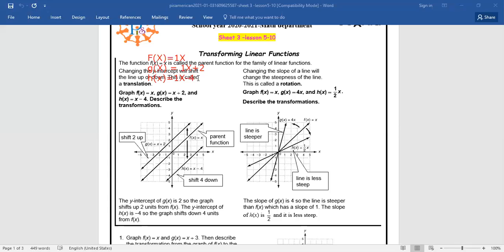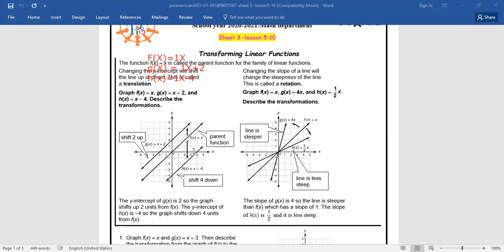For h of x, we start from negative 4 and use rise over run, 1 unit up and 1 to the right. After we finish, we note that they are parallel, which means the transformation is translation.